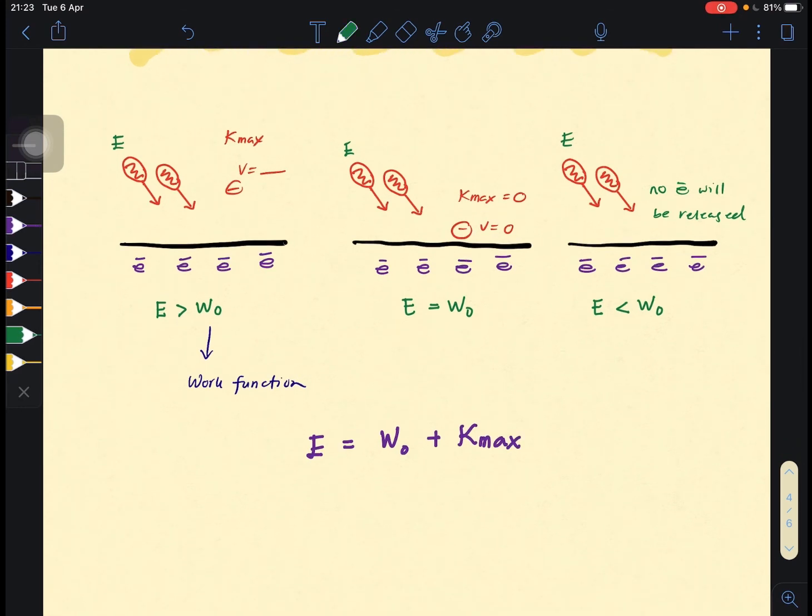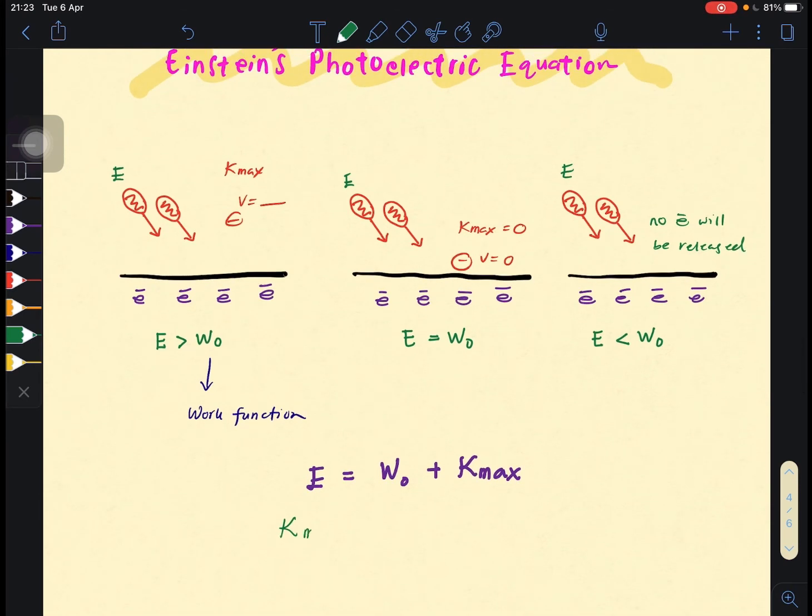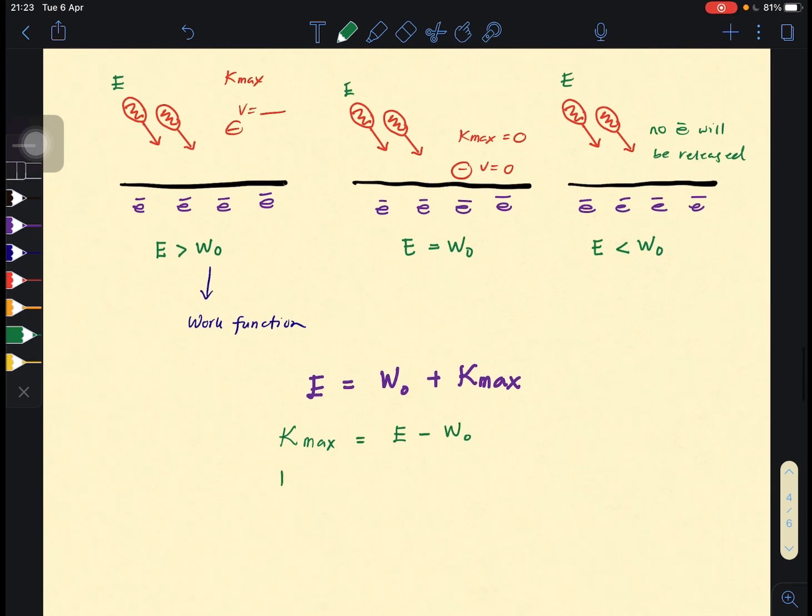If we rearrange this equation, we get what we call the Einstein equation: Kmax is equal to E minus work function, where Kmax is equal to 1/2 mv max squared, equal to E, which is hf, minus the work function, which is hf naught.